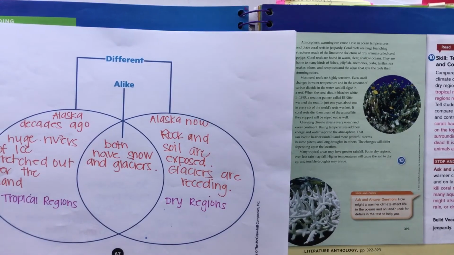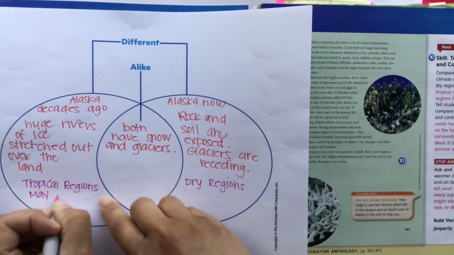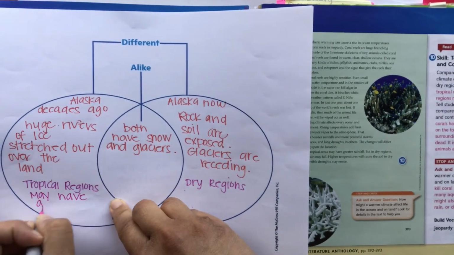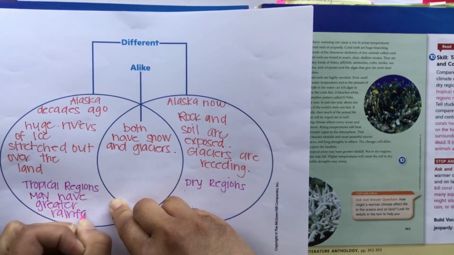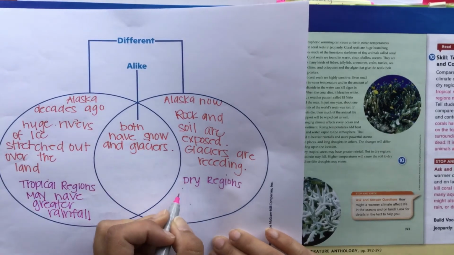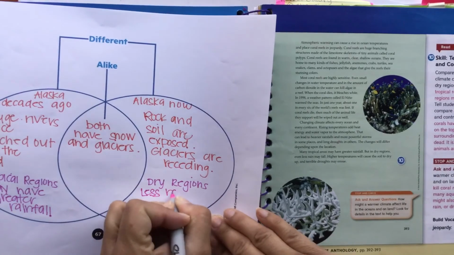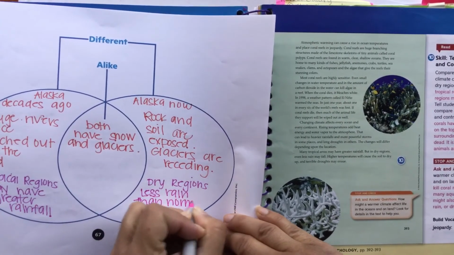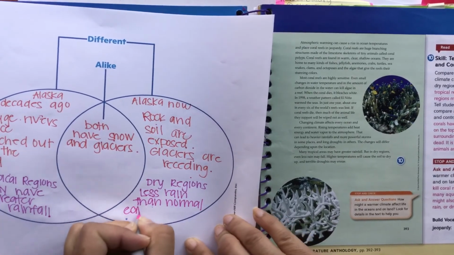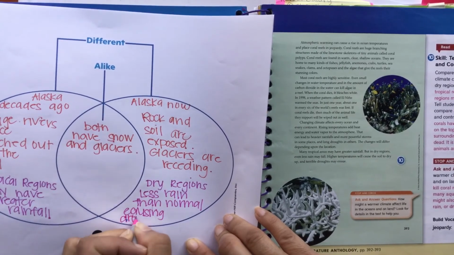So we know that in tropical regions, they may have greater rainfall, and in dry regions, less rain than normal, causing droughts.